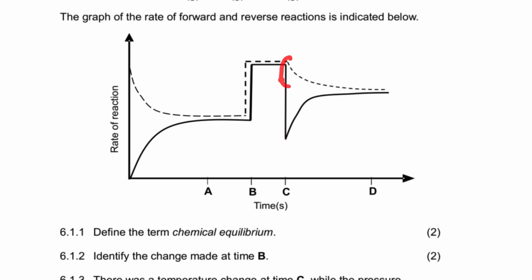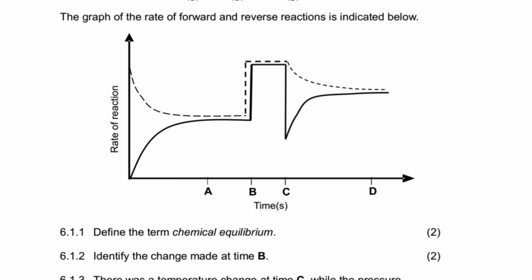So this means that it's a what? It's a decrease in temperature. So it's an addition of catalyst, and this is a decrease in temperature. Both of them are decreasing. That means it's a decrease in temperature. So here forward is favored and reverse is not favored. I hope that makes sense.